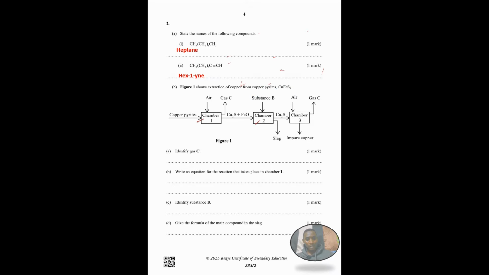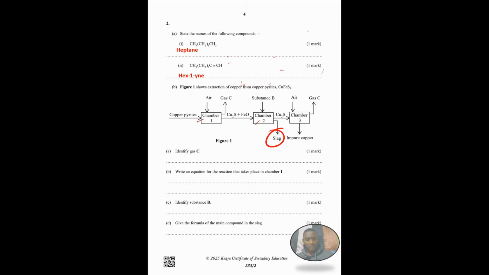Copper 1 sulfide is able to melt, and it falls into the bottom part of the furnace as iron 2 oxide reacts with silica to form what we call a slag, and this slag is iron 2 silicate.